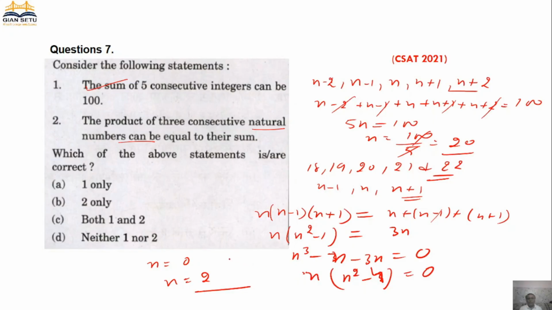When n is equal to 2, the numbers are 1, 2 and 3. If we add 1 plus 2 plus 3, we get 6, and if we multiply these numbers 1 into 2 into 3, again we get 6. So statement 2 is also correct. So the answer is C, both 1 and 2 are correct.